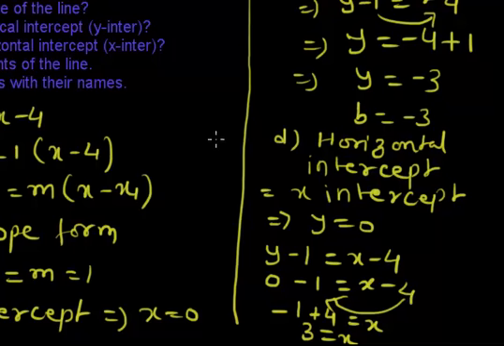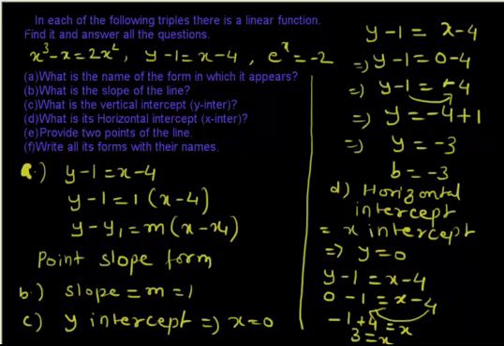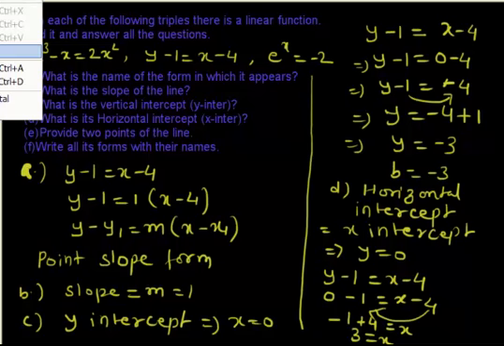Provide 2 points on the line. Y minus 1 equals x minus 4 is the given line. So for getting the 2 points, that is the E part.